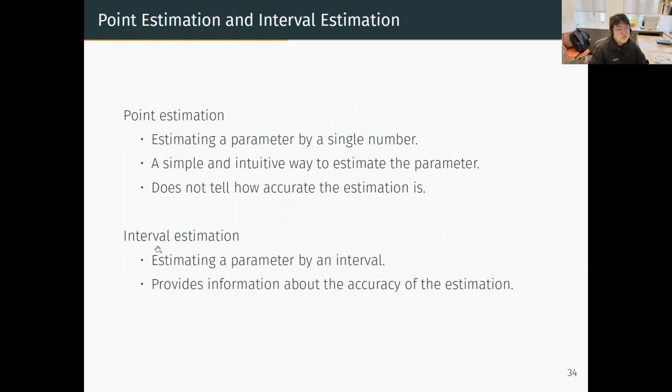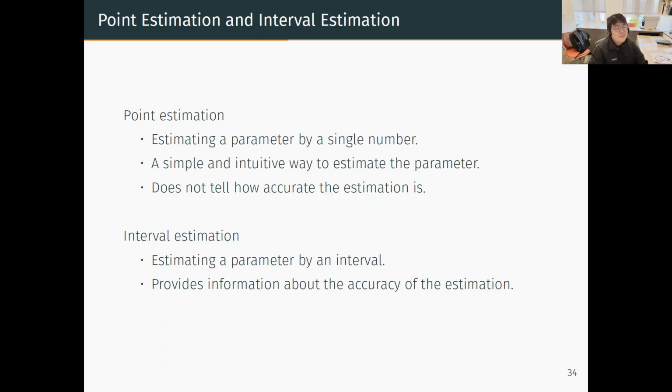So we are going to use this idea in our estimation problem. We are going to think about interval estimation rather than point estimation. What we have done earlier was point estimation, because we are estimating a parameter by a single number. What is the mean? Then you just give a number as an answer. And it is not bad because it is simple, very intuitive, and clear what you are talking about.